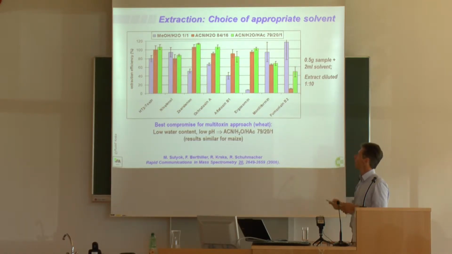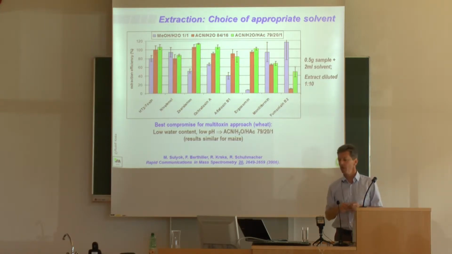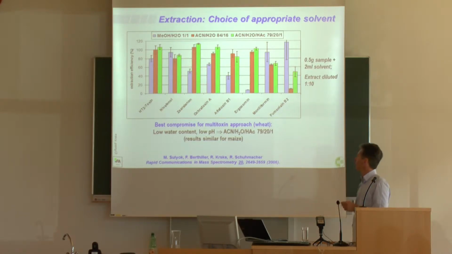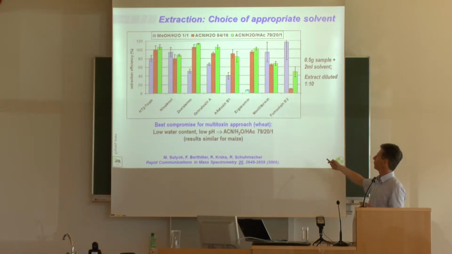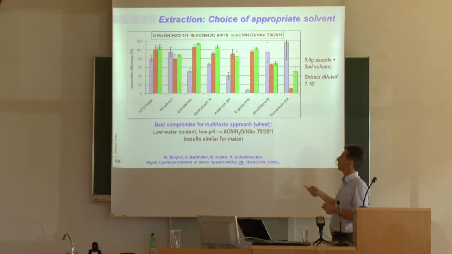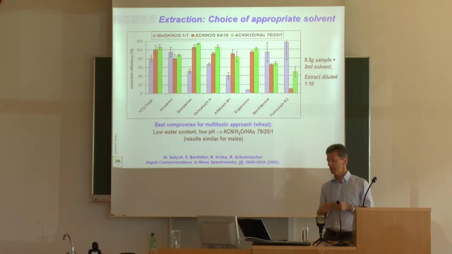Not surprisingly, the highly polar nivalenol can be extracted quite well with methanol water. However, for the less polar zearalenone or ergocornin, an ergot alkaloid, the recovery is very poor. Too poor, because at something like 5 to 7%, that is not acceptable.